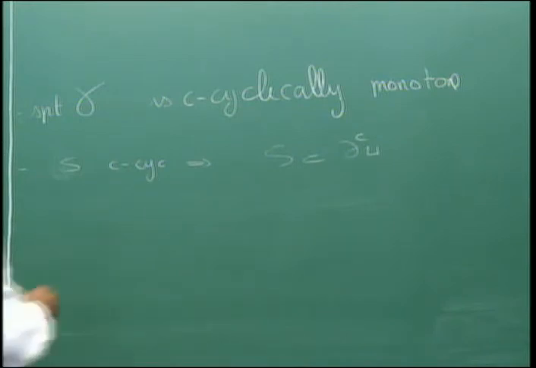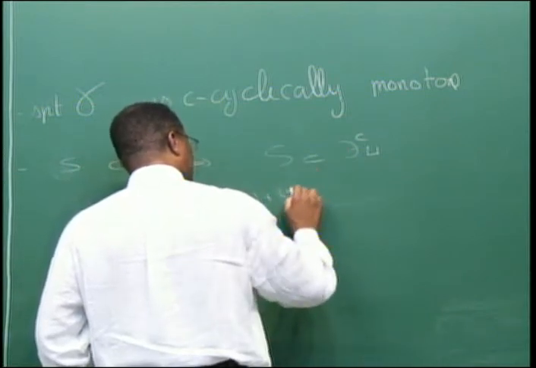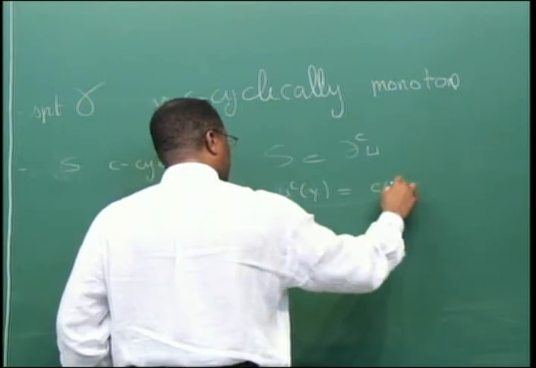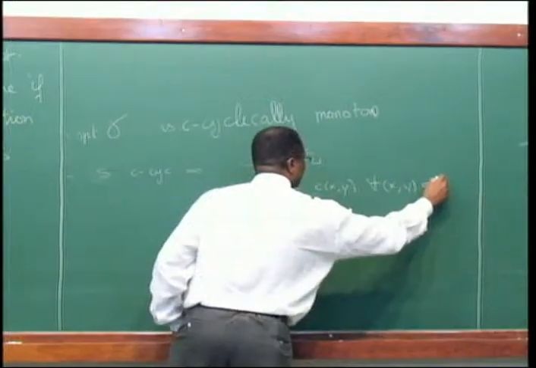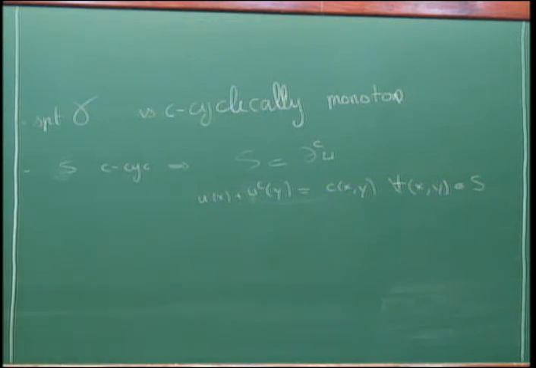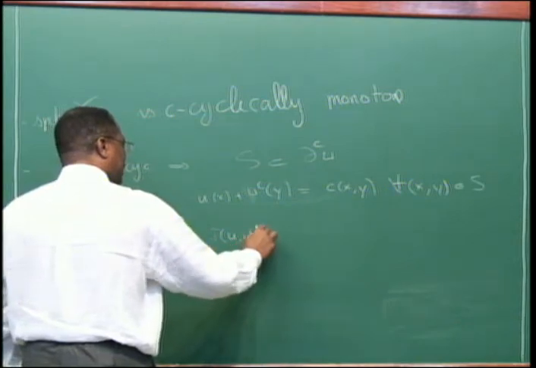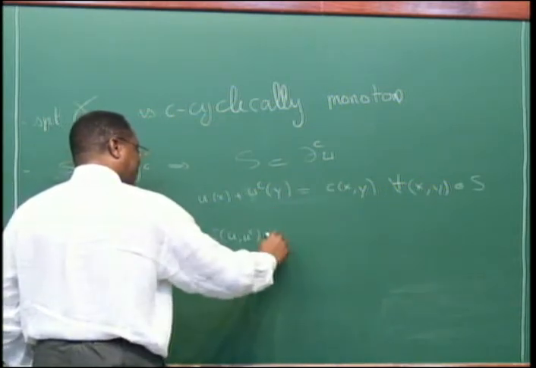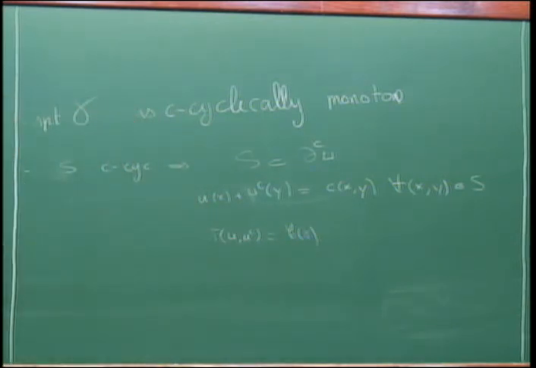More precisely, I will have that u of x plus u^c of y equals c of x, y for every (x, y) in S. As a consequence, when I integrate, on the left-hand side I have J of u, u^c, and on the right-hand side over gamma I have the cost. And so I conclude the duality result. So this is the plan I want to complete today.